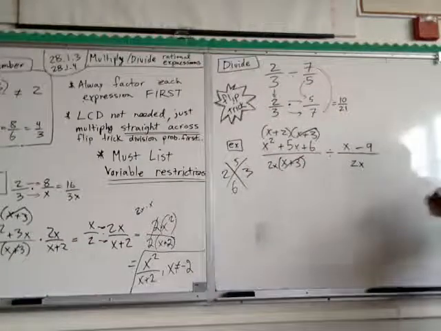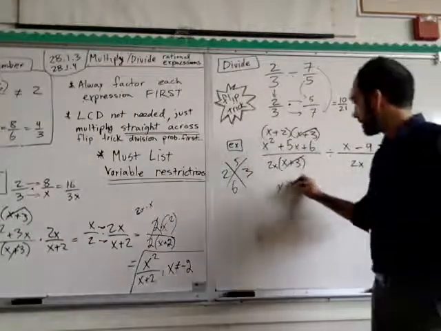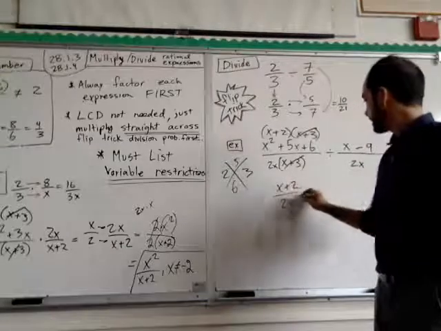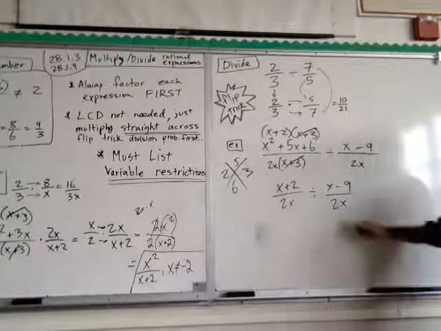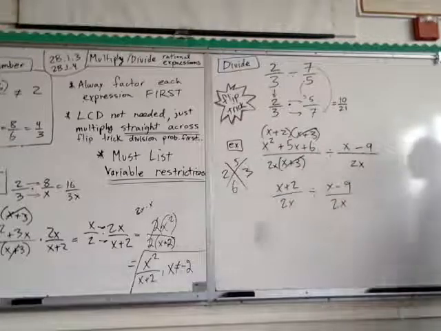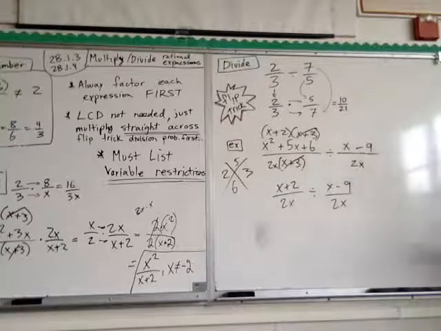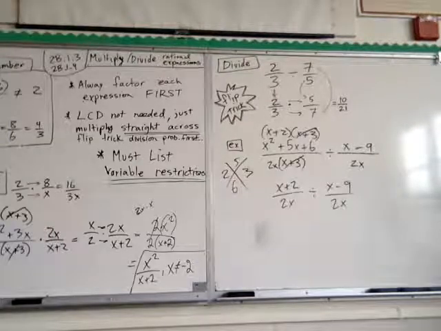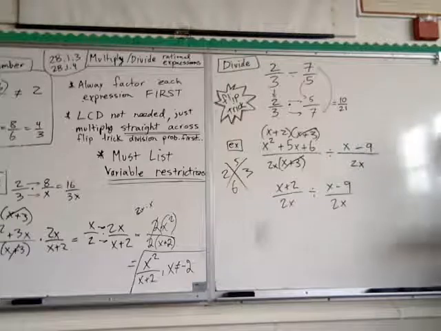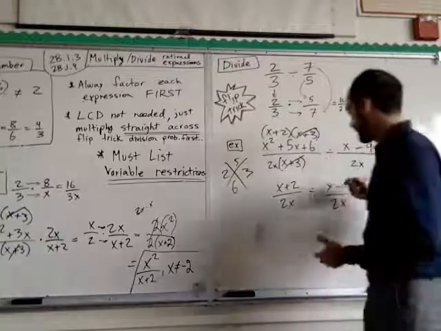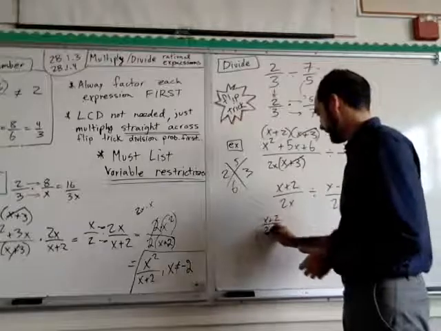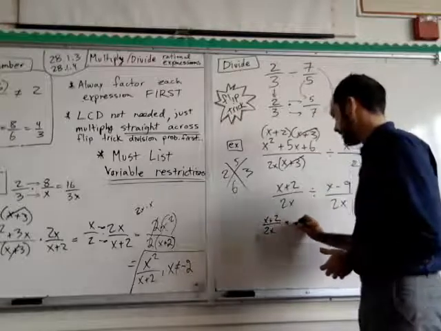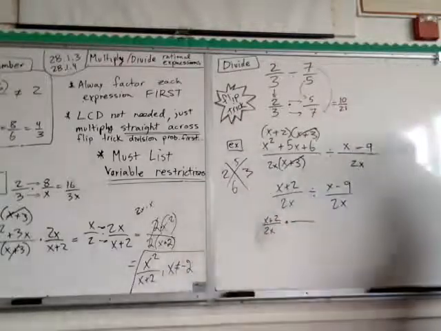So we end up with x plus 2, 2x, divided by x minus 9, and then 2x. It doesn't even matter if we have common denominators. We don't care. It's division soon to be multiplication. So now get to this step and then do the next step. Do the flip trick. We get to change the sign, or excuse me, change the operation. First one stays the same. Go ahead and rewrite that second fraction.